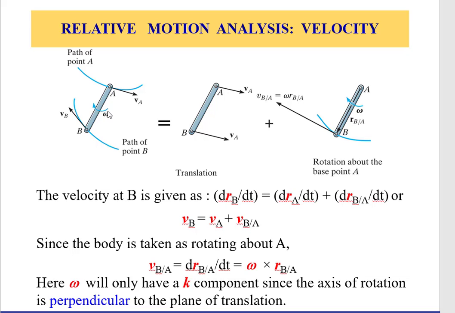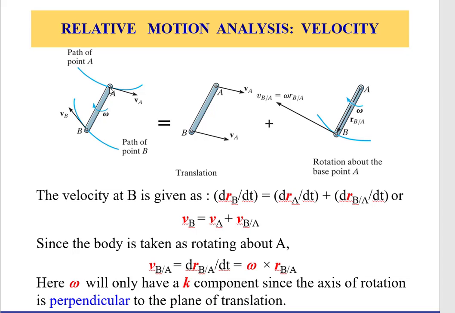Now, we all assume that counterclockwise is positive and clockwise is negative. Now, the relative motion due to pure rotation, which is VB relative to A, as we mentioned in the past, is an example of a rotation about a fixed point. That fixed point in this problem is A, with B rotating about it.